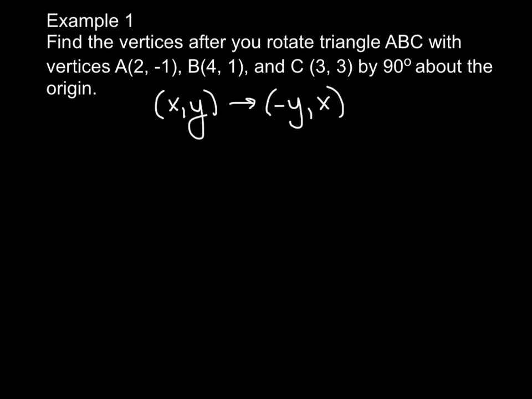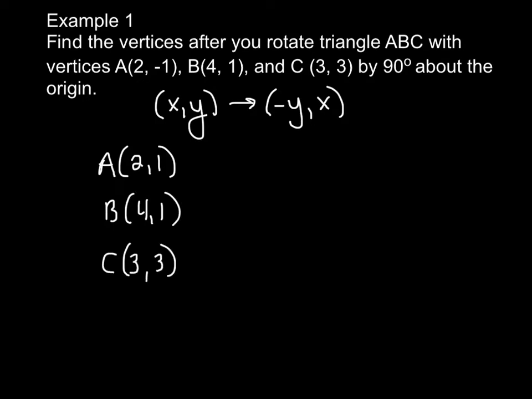So, A is 2, 1, B is 4, 1, and C is 3, 3. If we map A prime, it's going to become 2, negative 1, and that becomes 1, 2.